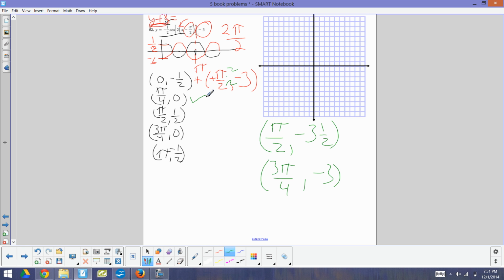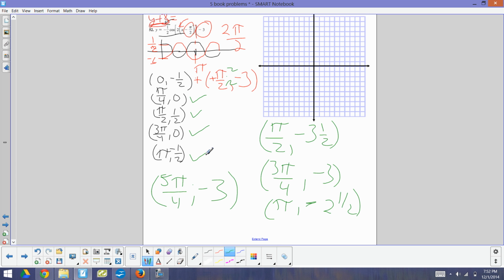The next one, pi over 2 plus pi over 2 gives you pi, -3 plus 1/2 gives you -5/2. The next point, 3 pi over 4 plus 2 pi over 4 gives me 5 pi over 4, 0 plus a negative 3 is negative 3.